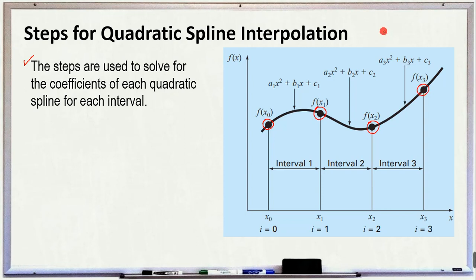So if we have 4 data points, pila ka interval? Tulo ka interval. Okay? So again, kung naa tay tulo ka interval, pila pod ka quadratic spline?